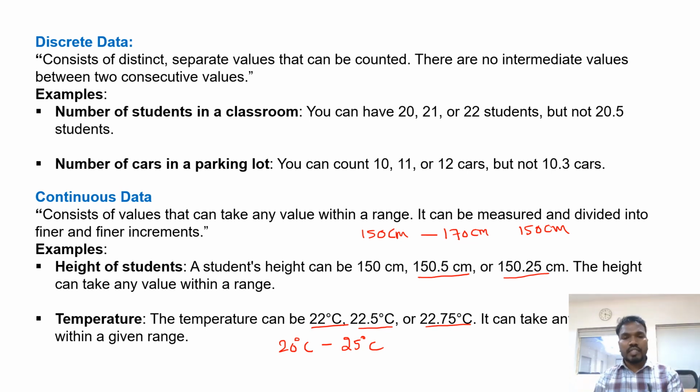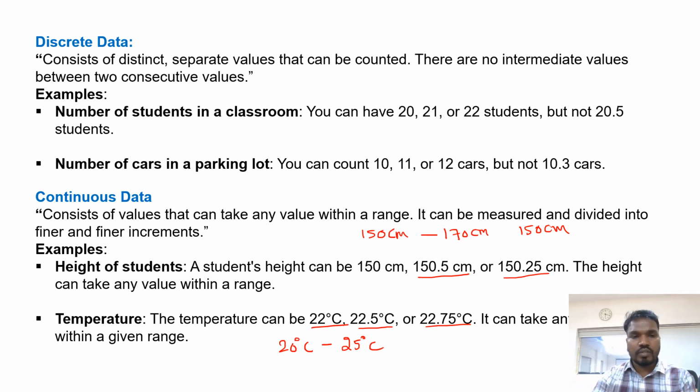As simple as that, in discrete data we do not have any intermediate values or decimal points. But in continuous data, we write the discrete data as well as the values in between them. Like we consider the decimal points also.